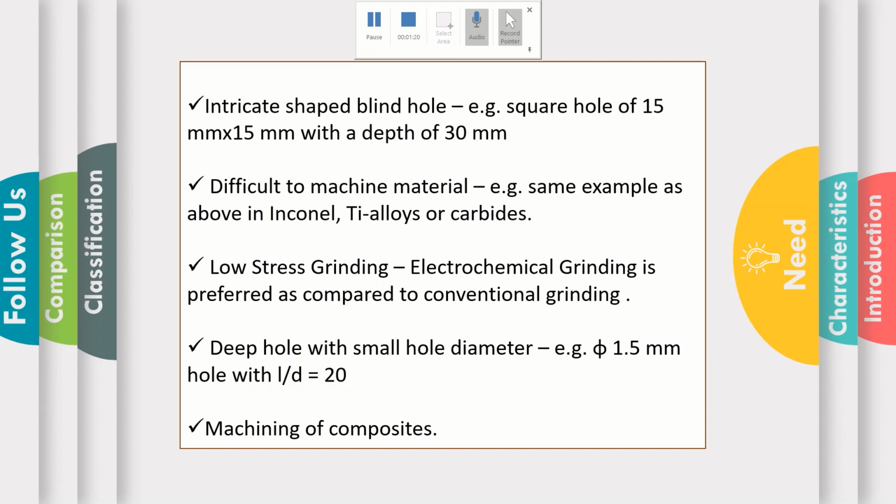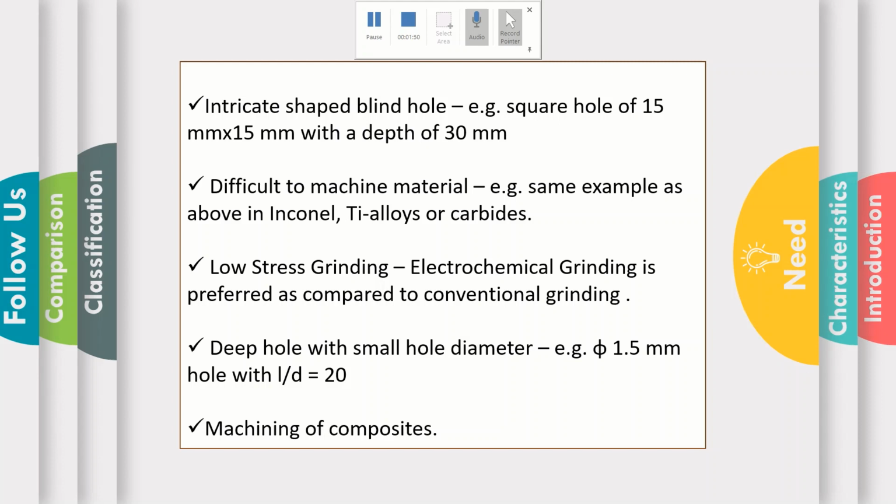For example, electrochemical grinding is a non-traditional technique where we can do this low trace grinding. Then, if you want to go for a deep hole with small diameter, then we can use an NTM process. For example, a 15 diameter hole with inner and outer diameter 20. At that time we can go for an NTM process.